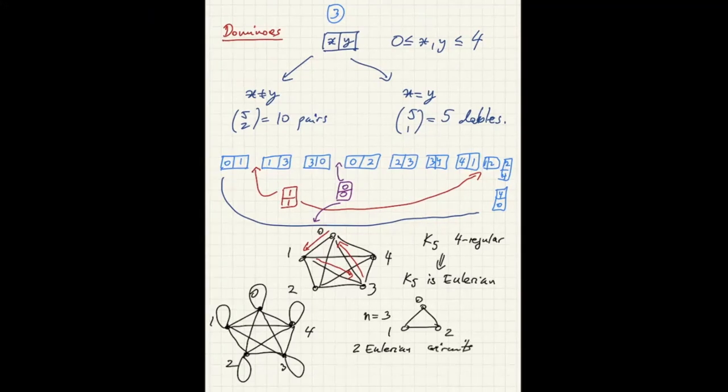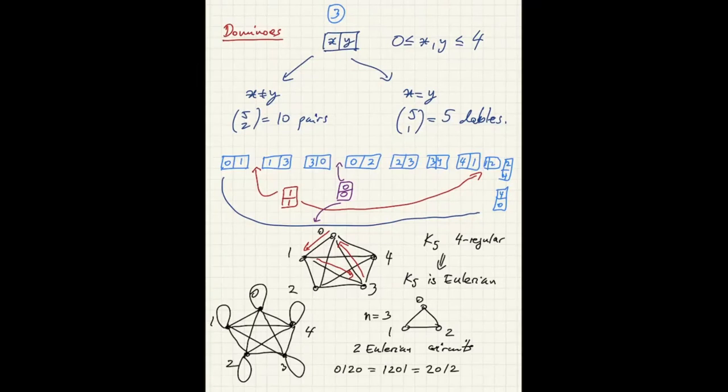with this assumption. One Eulerian circuit is 0, 1, 2, 0. Here there are no multiple edges, so we can just give a list of the vertices that we traverse. And this is considered to be the same as 1, 2, 0, 1, and it's the same thing as 2, 0, 1, 2. So all the circular permutations in counterclockwise fashion.